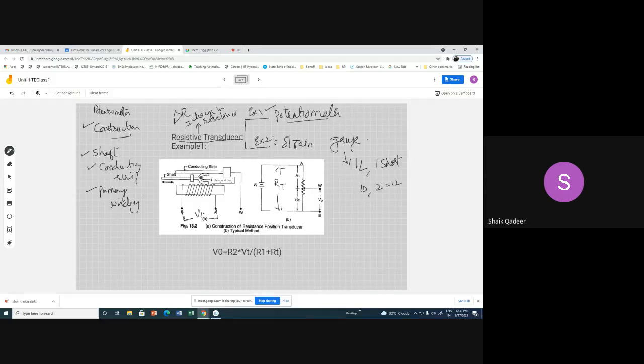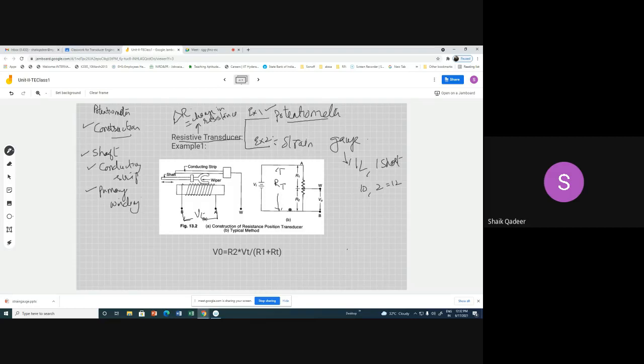If this conducting strip is moving up, then R2 resistance will be more than R1 resistance. If it is going down, then R2 resistance will be less than R1 resistance. Like this, the displacement information can be tracked in terms of change in resistance.